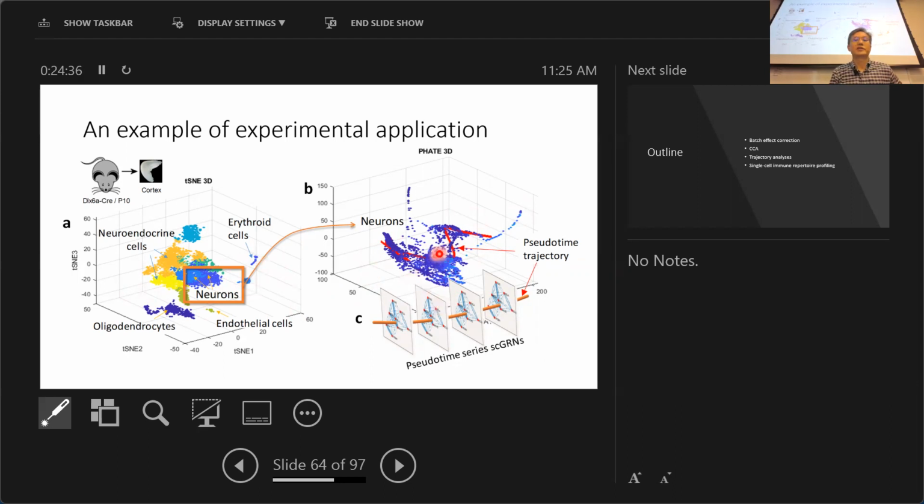So this trajectory is probably not time, but the anatomic structure of the sample you collected the cells from, from the mouse brain. Okay, so that's all I want to share with you about trajectory analysis.